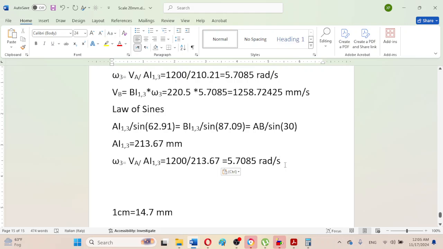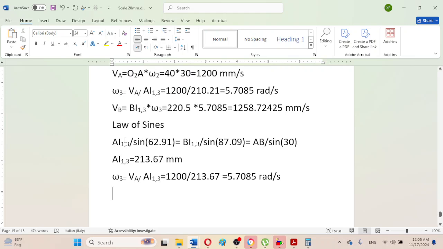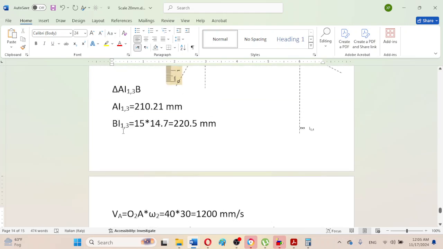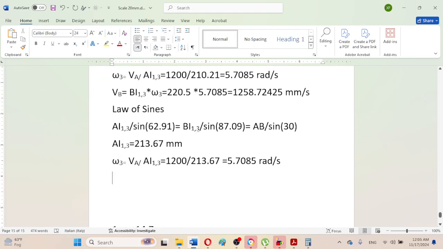And again in a similar manner, now calculate bi1,3 analytically. So bi1 will be equal to AB multiplied by sine of 87.09 divided by sine 30.